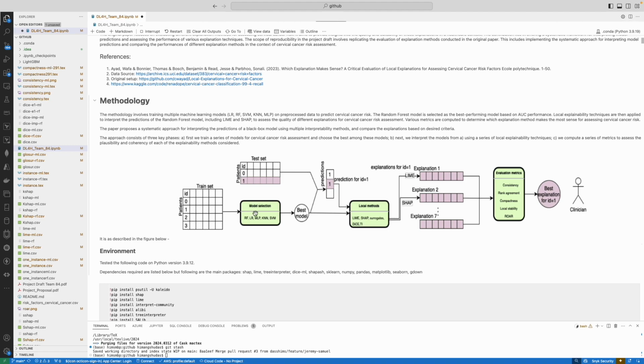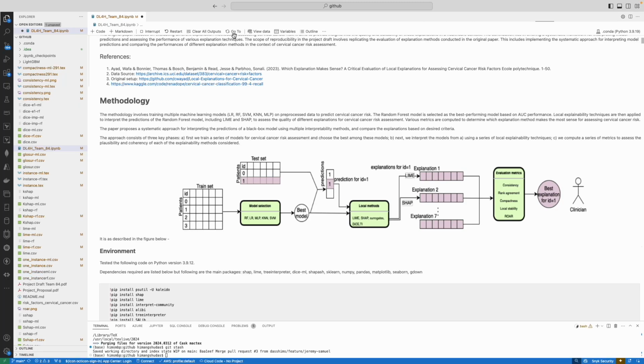Next, we interpret the models from the previous step using a series of local explainability techniques. Then, we compute a series of metrics to assess the plausibility and coherency of these explainability methods considered. This is as described in this diagram here.